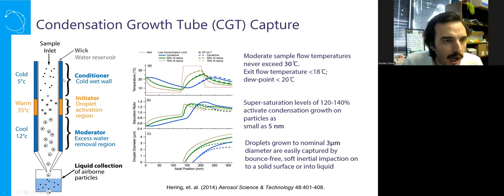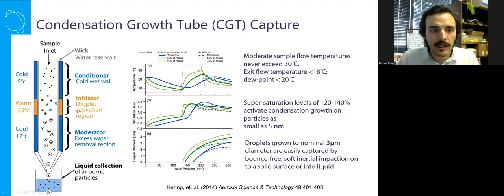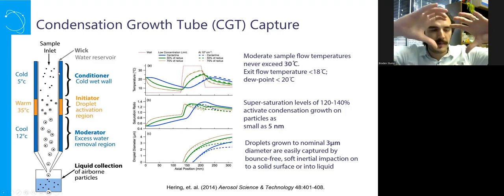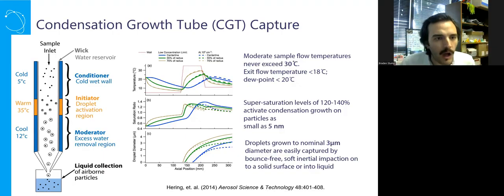And it is this jump from 5 degrees Celsius to 35 degrees Celsius, this warm initiator. More specifically, it's the delta T between this region. This change in temperature with this wet wall gives you supersaturation in this region. Effectively, there's a fog here, right? And particles as small as 5 nanometers, in the case of our instrumentation, it forces condensation around them, forming a droplet.